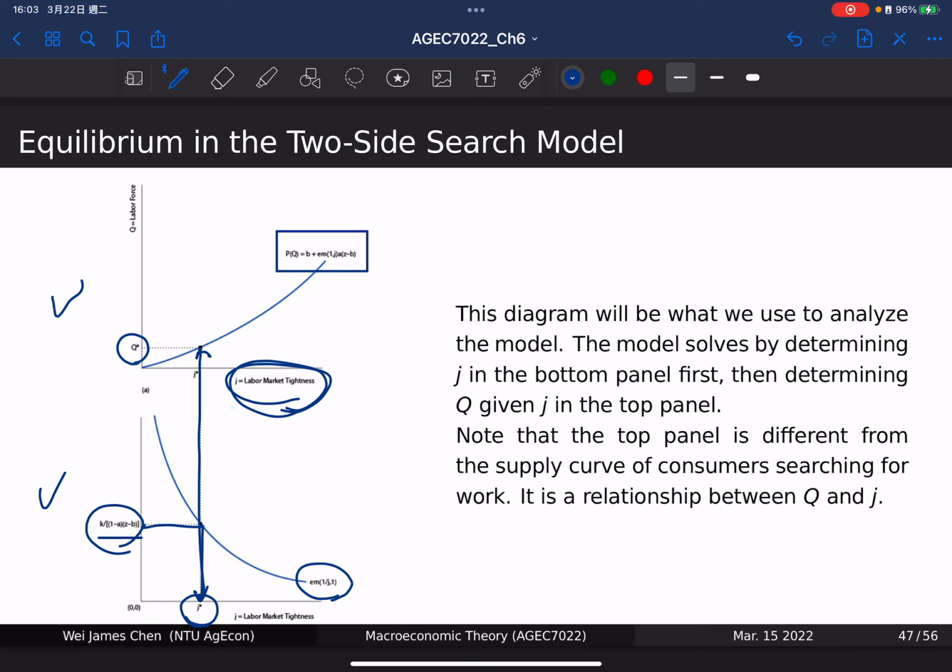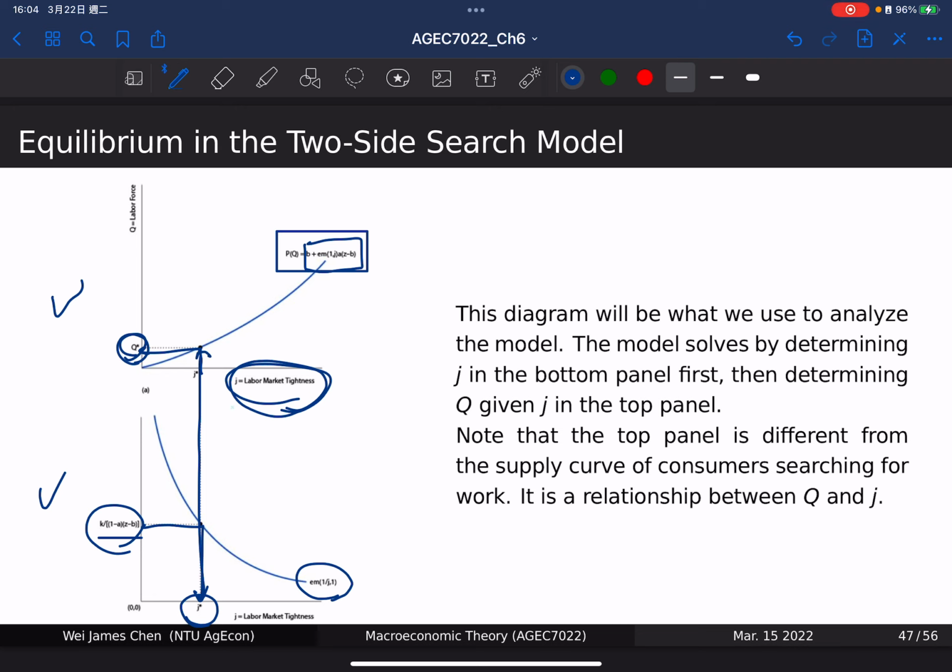But remember, PQ, this function, exactly describes the relationship between J and Q. So given a J, I can always find a Q corresponding to that J based on that function, PQ. So that's how I then get the equilibrium Q star, the labor force.